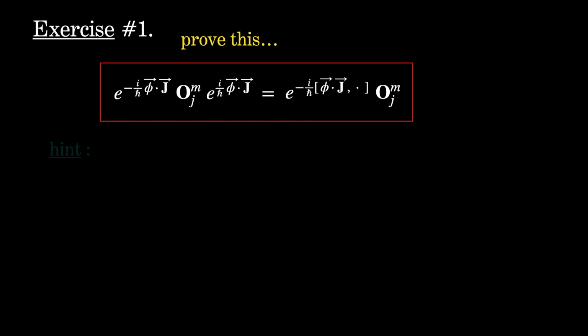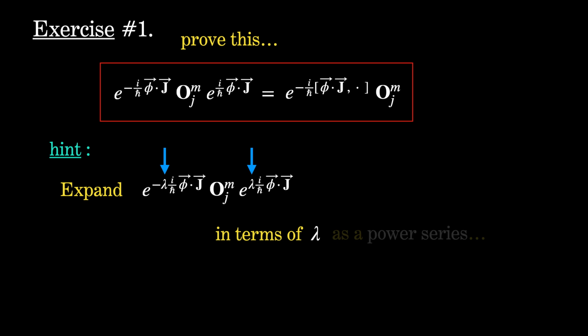Here's a hint to help you proceed with this problem. Let's introduce a parameter lambda and expand this expression in terms of lambda in a power series, taking care to always preserve the ordering of operators. The answer to this exercise will be discussed in the next video.